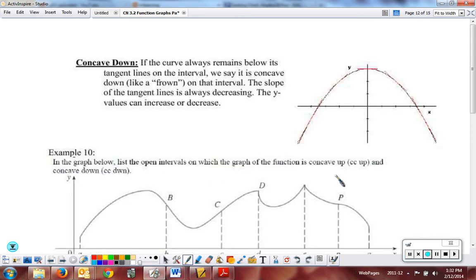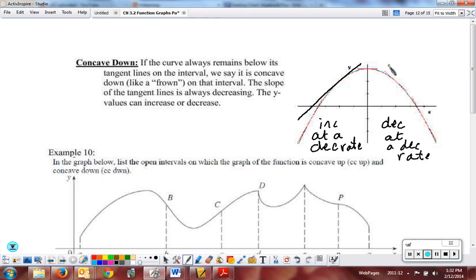And then this graph right here, this function, even over on this side, right? So this is increasing at a decreasing rate. Over on this side, I am decreasing at a decreasing rate. And you're like, well, why is that at a decreasing rate? Again, it has to do with the negatives. If I am negative and I look at the slope over here, this negative, not too much. What happens when I get over here?